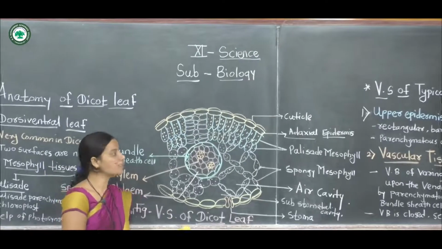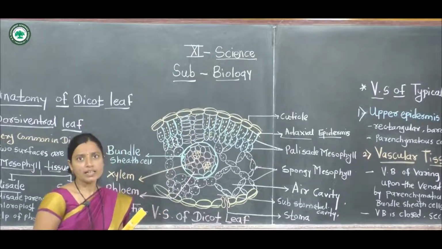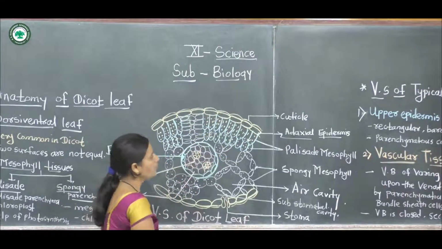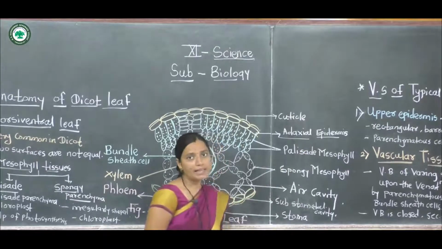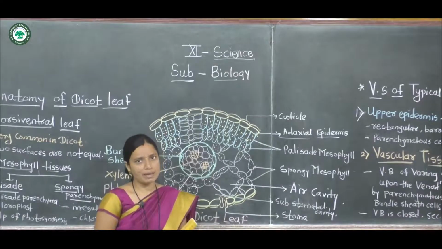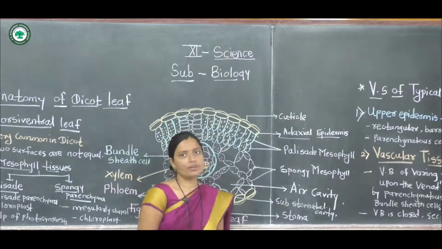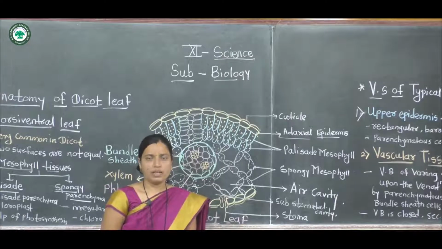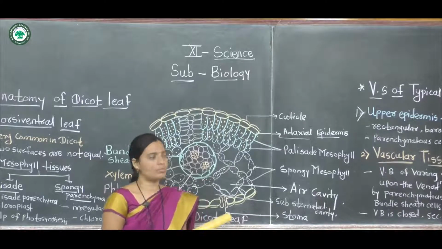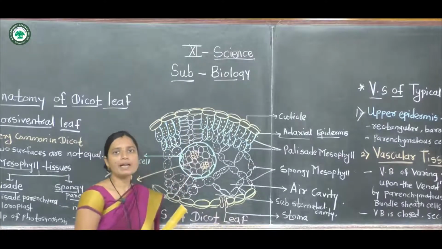It is a single layer, and the cells are tightly packed, rectangular in shape. In the upper epidermis of the leaf, the stomata are absent, and these cells are parenchymatous cells.